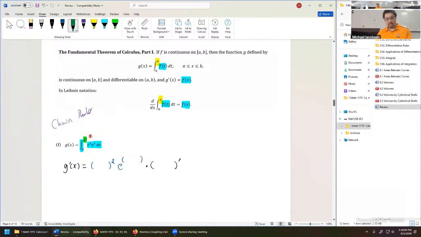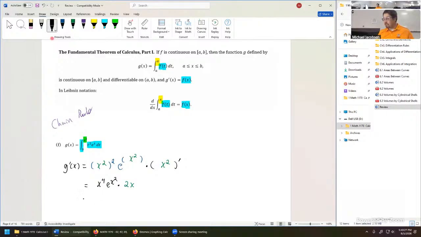If you put in x squared instead, we will go into these positions, x squared, but this is where the chain rule gets involved. We differentiate that x squared to get a 2x. So g prime of x is now at this next stage, x to the power 4, e to the x squared times derivative of x squared is a 2x.